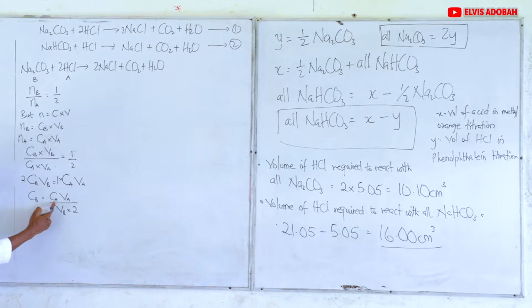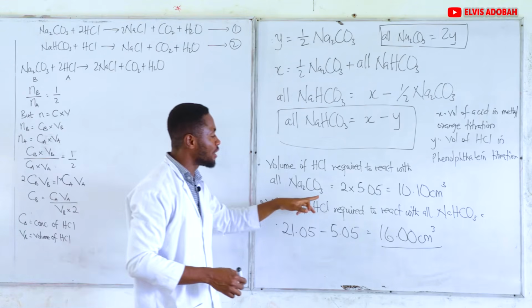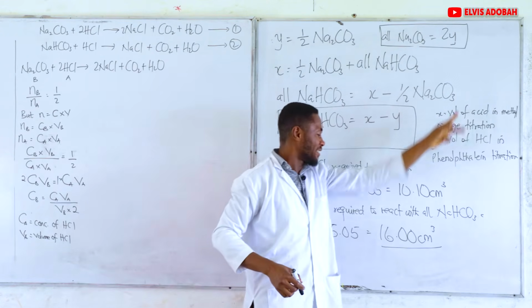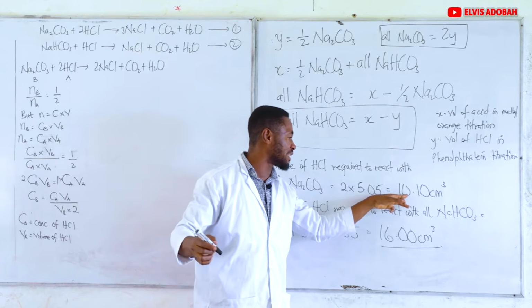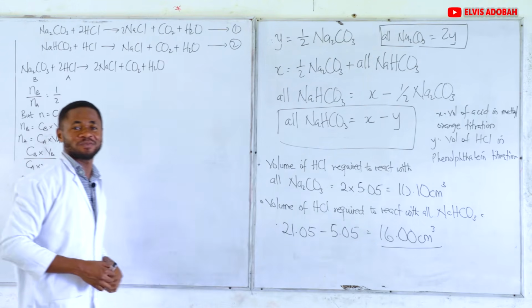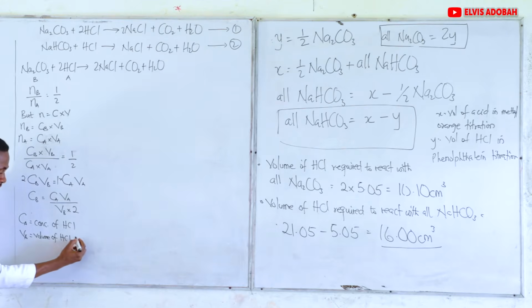Over here, Ca is the concentration of HCl. Va is the volume of HCl that completely reacted with sodium carbonate. And that one was given as 2Y. And we calculated that one from our experiment to be 10.10. Have you seen it? So volume of HCl now is 2Y. Then our volume of B is the volume of the pipette.